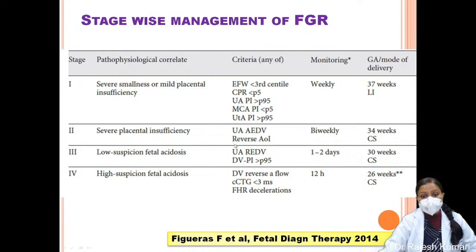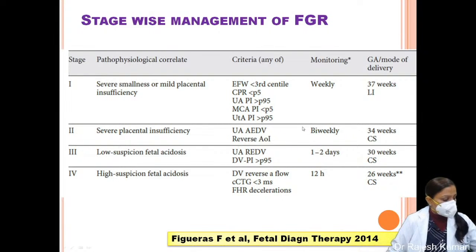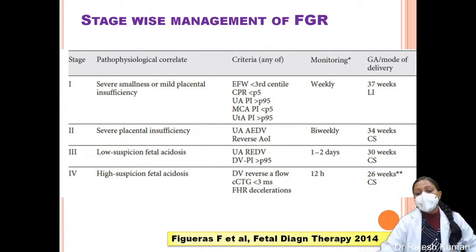In severe placental insufficiency, with uterine artery, umbilical artery, ADV, reverse AEDV: bi-weekly monitoring, and at 34 weeks we have to go for cesarean section.